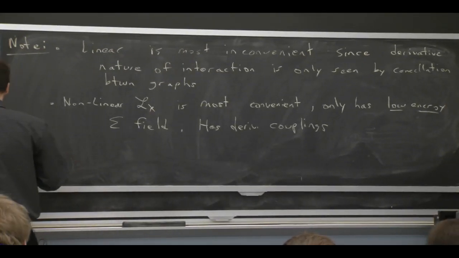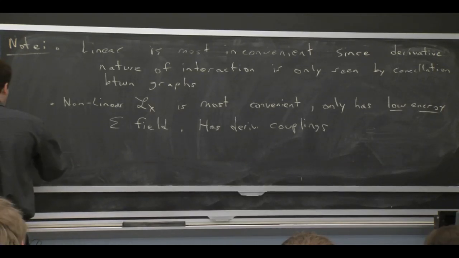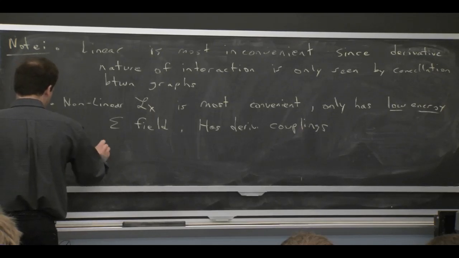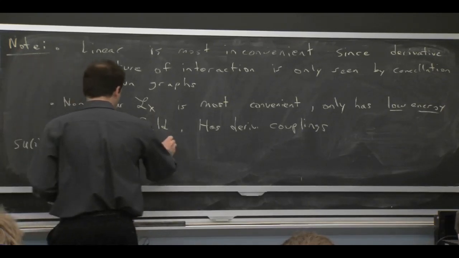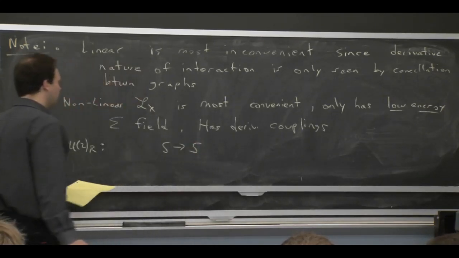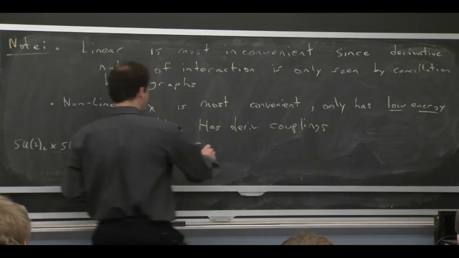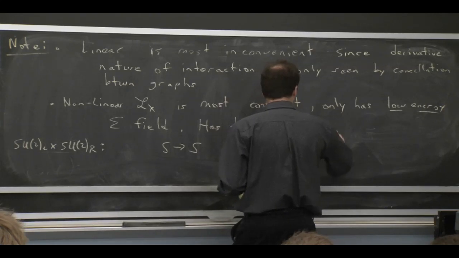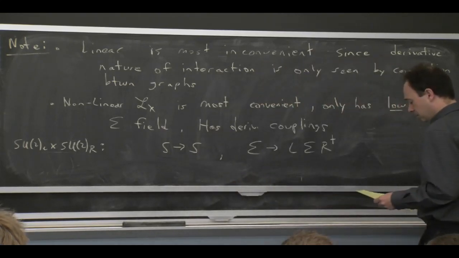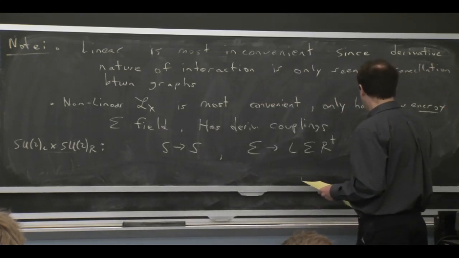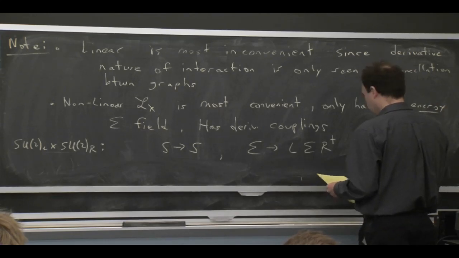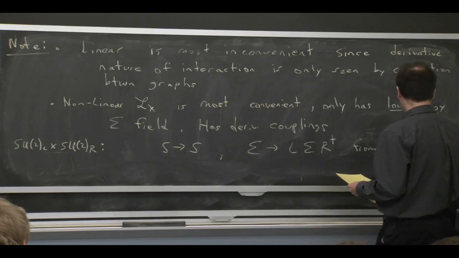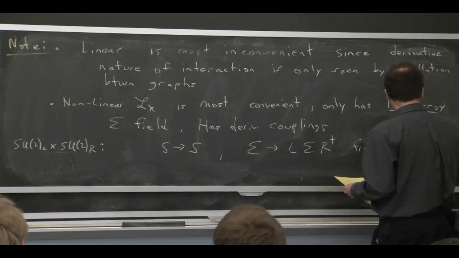If you look at how the symmetry works, which I didn't talk about when I wrote down all the different versions, S is for singlet. That's what's behind the name S, so it doesn't transform. Sigma transforms on both sides, with an L on the left and an R dagger on the right. And that comes from noting that S doesn't transform, and looking back at how the pi field transformed. It's just exactly that way.